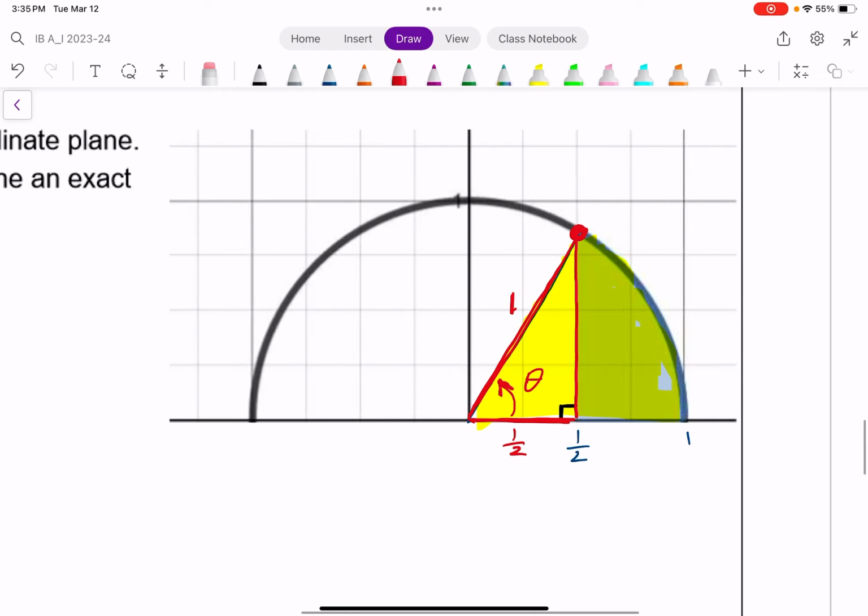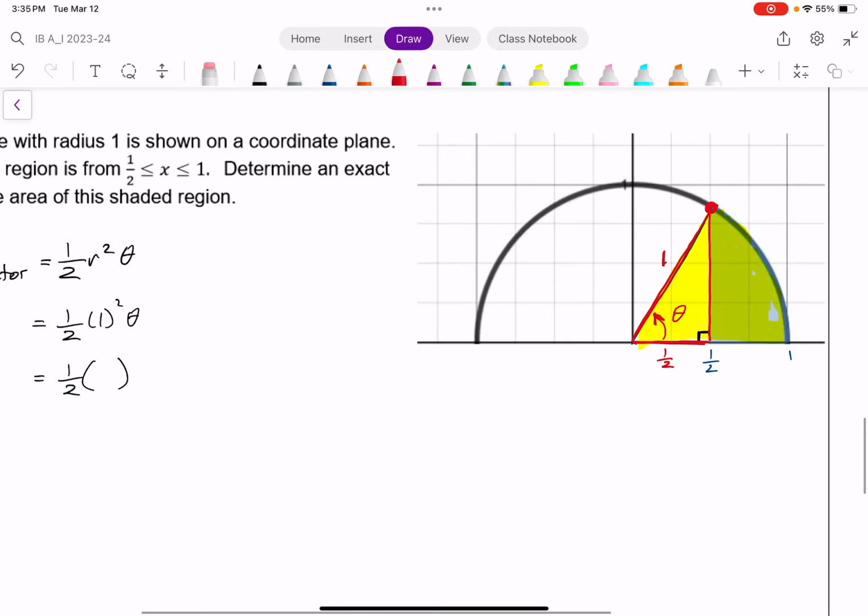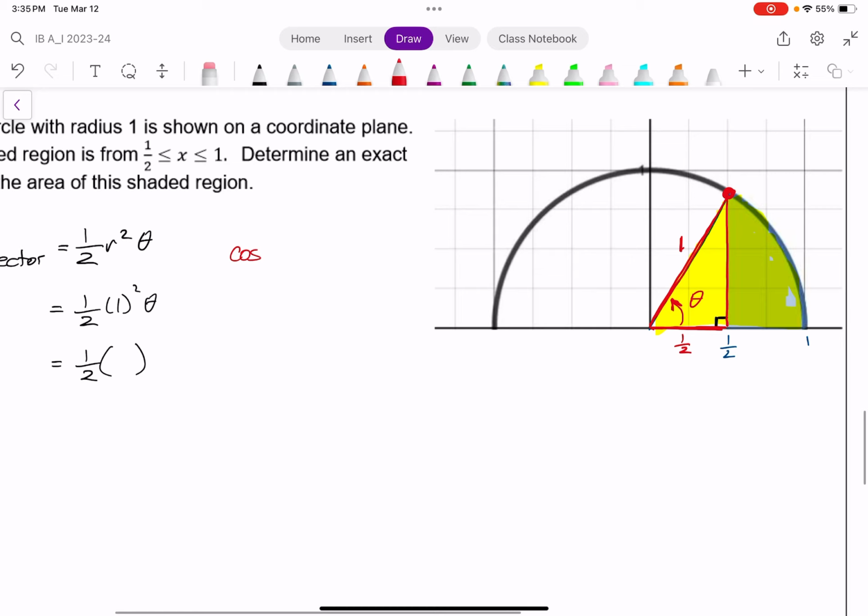Say the cosine of theta is adjacent over hypotenuse, or in this case, 1/2 over 1. So I can say the cosine of theta equals 1/2 divided by 1, which means the cosine of theta is just 1/2. And ideally from memory, although we could use the inverse cosine function, we know that cosine of 60 degrees is 1/2. But I want to think in radians, and 60 degrees is pi over 3. So that angle there is pi over 3.